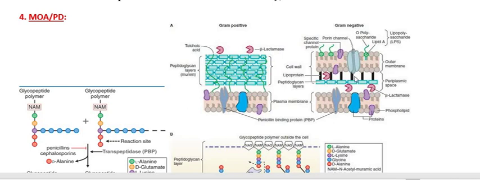They have to pass through the porin protein. Gram-negative bacteria have a protein we call the porin protein, through which the drug passes to the target area.